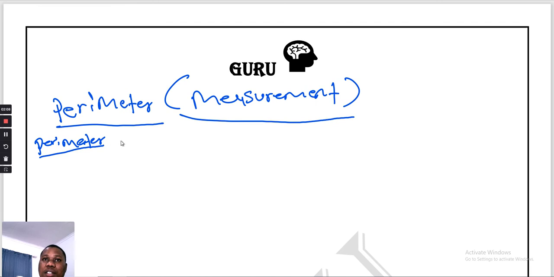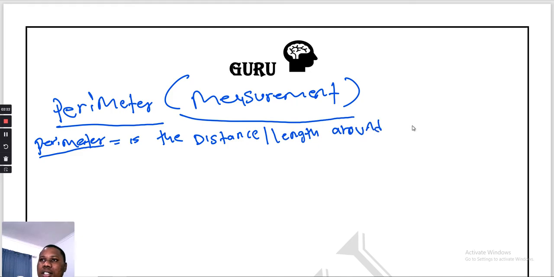With my definition, I always tell my learners that perimeter is the total distance or length around a shape or an object.